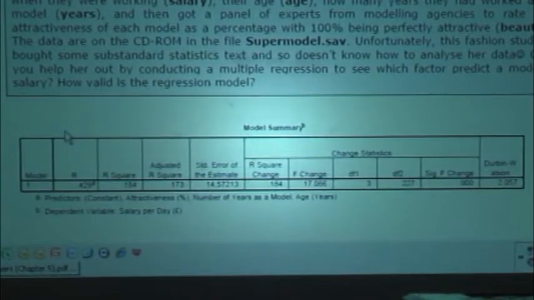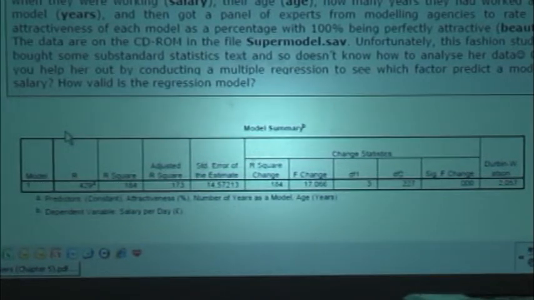Standard error of the estimate doesn't tell us too much by itself. That's the standard deviation of the residuals. And we can look at the significance, which means the model, we know the R squared is different from 0. So we're very sure, less than 1 in 1,000 times would this come out by chance alone.